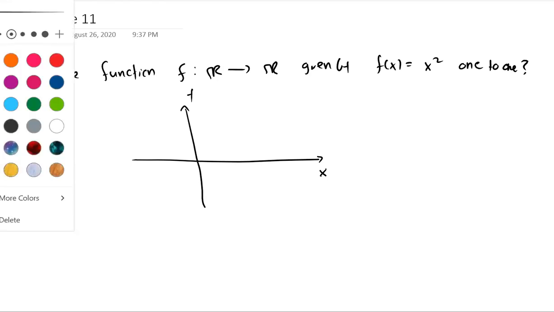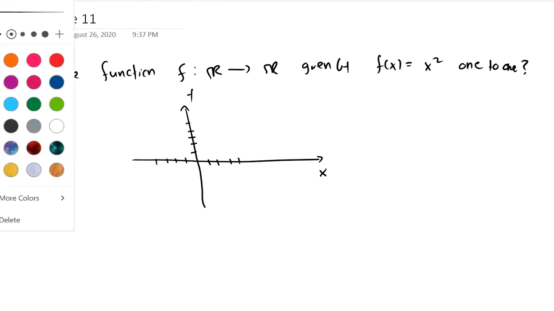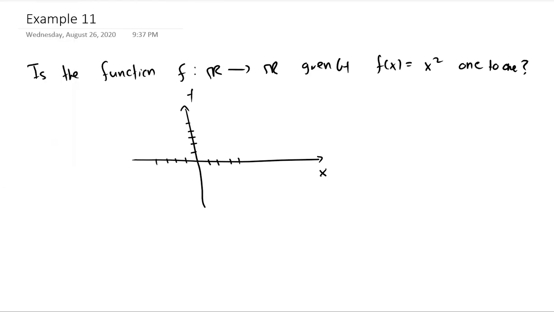But basically, if you graph the ordered pairs and connect the dots, this graph looks something like 1, 2, 3, 4, so something like this. Looks something like that.